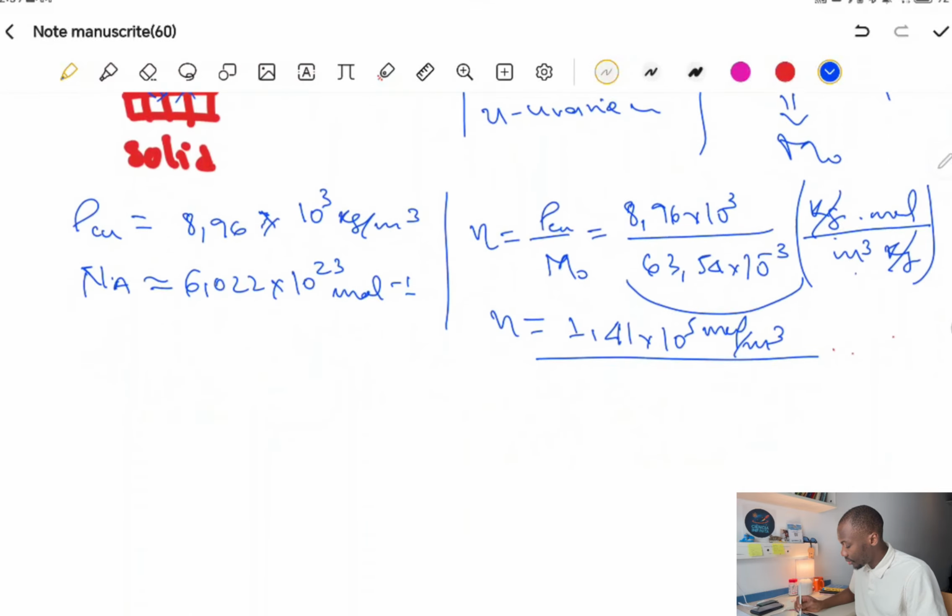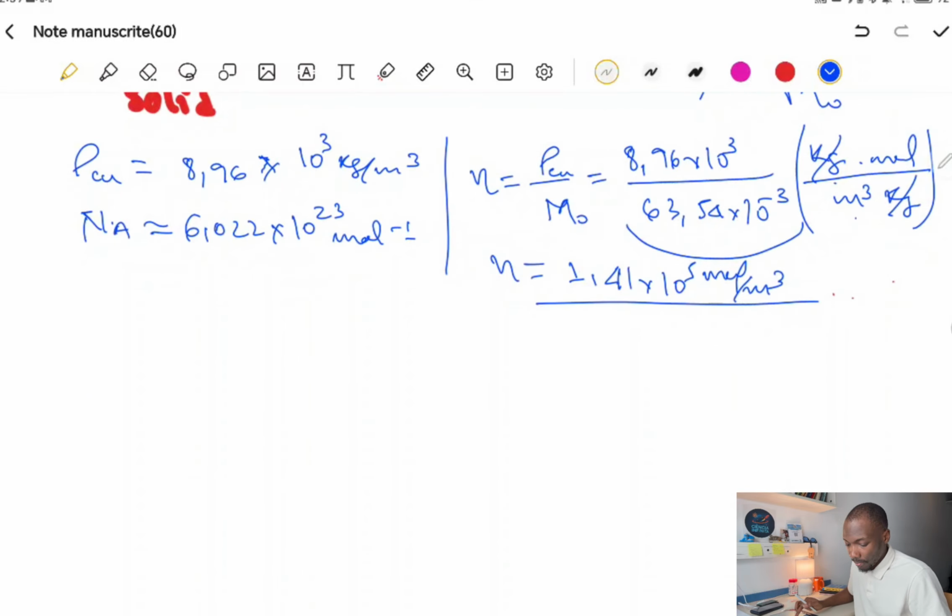Okay, and from this we have to find out as well the number of atoms per each cubic meter, and for this we have to calculate the N, which is the number of atoms, not molecules.